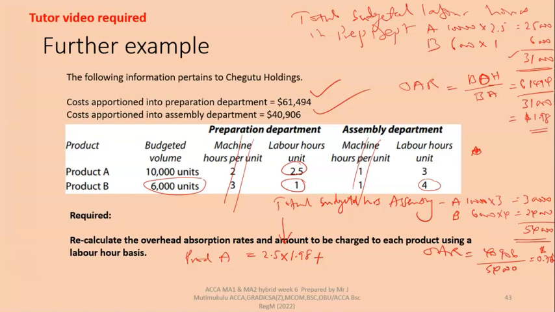These are the hours for the preparation department, the cost for the preparation department, and the cost for the assembly department. Assembly department requires 3 labor hours, 3 multiplied by $98.